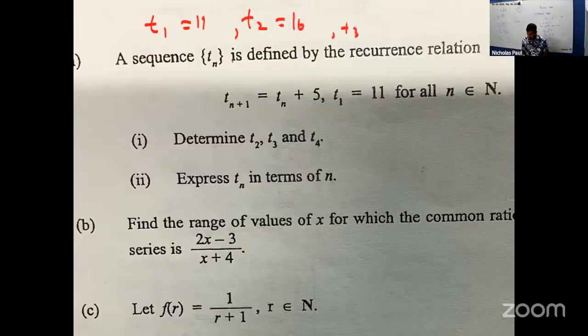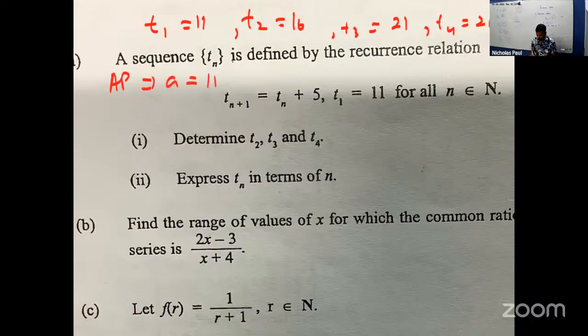T3 is what? 21, and T4 is 26. So if you look closely, that's a what? AP. That's an AP with first term A equal to 11, and the common difference is 5.